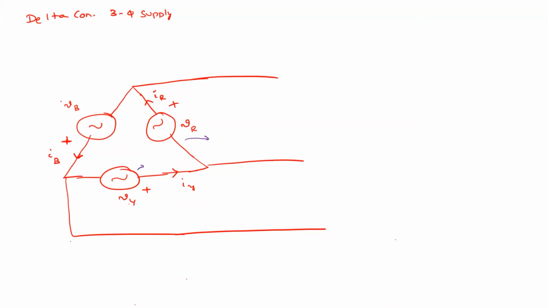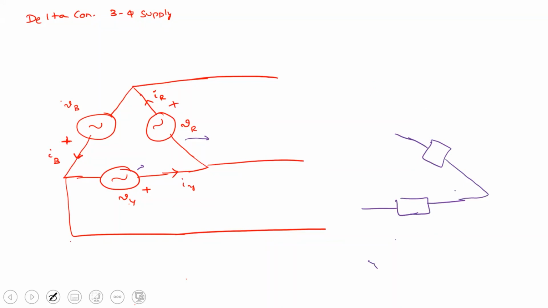What is line current and what is phase current? Let us connect a load here. Assume the load is also a delta connected load. So this is the load, connected like this.